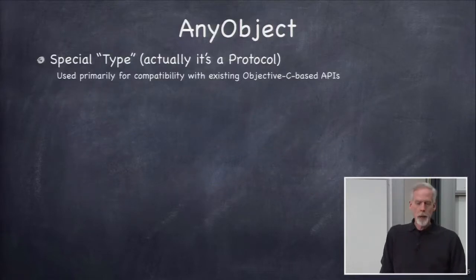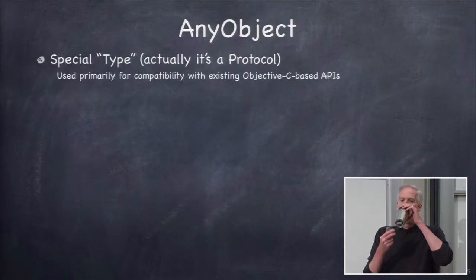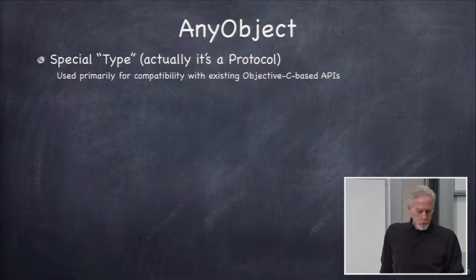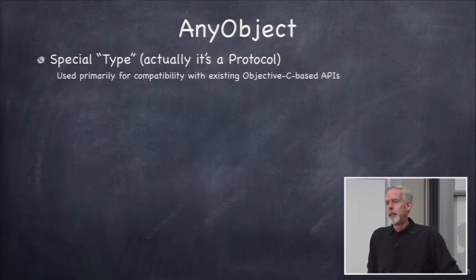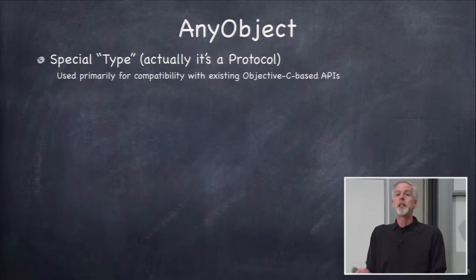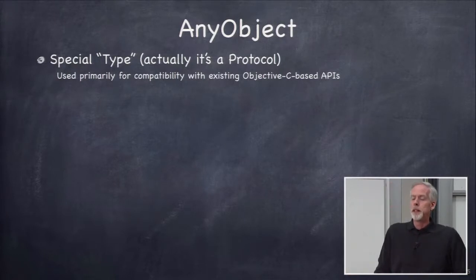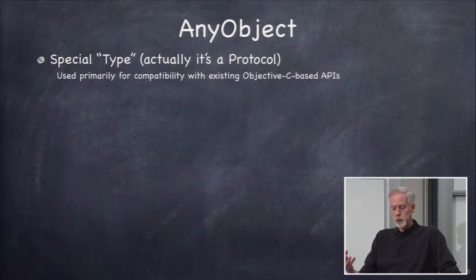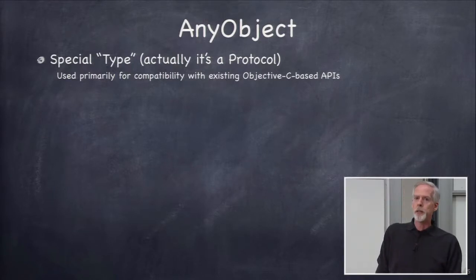Okay, so now let's talk about AnyObject. This was brought up earlier. Okay, for the purposes of what you know so far, you can think of it as a type. It's not really a type, but you can think of it as a type, like double or array or whatever. And it's used primarily for compatibility with existing Objective-C APIs in iOS.